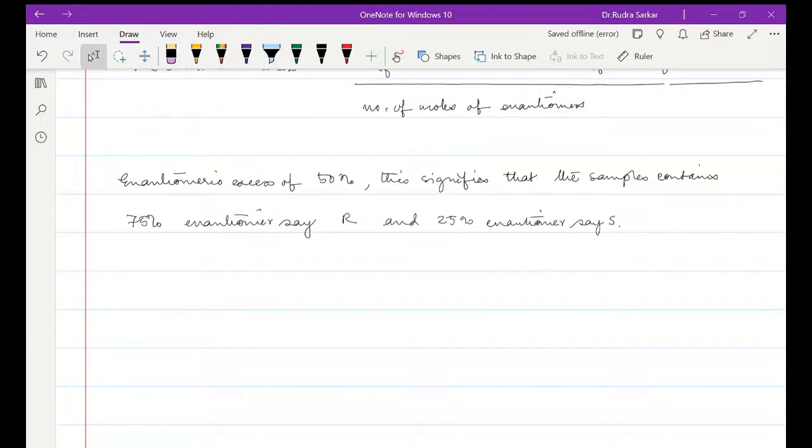So a racemic mixture will ideally be what? 50% of R and 50% of S. Okay.